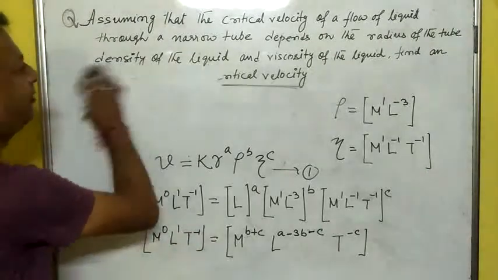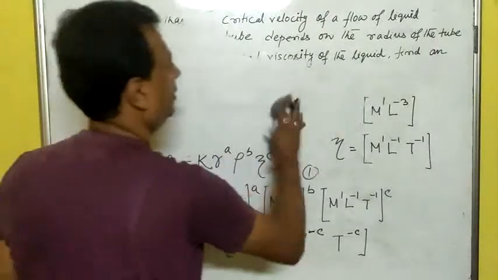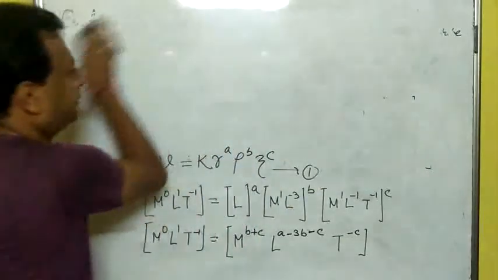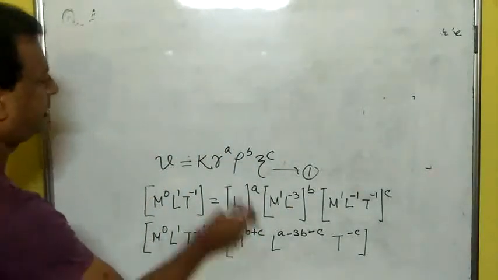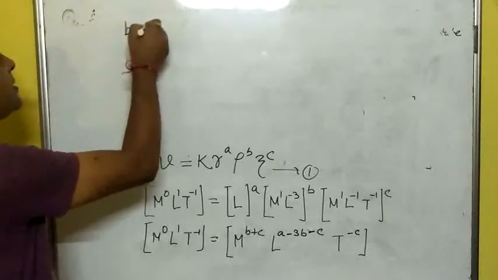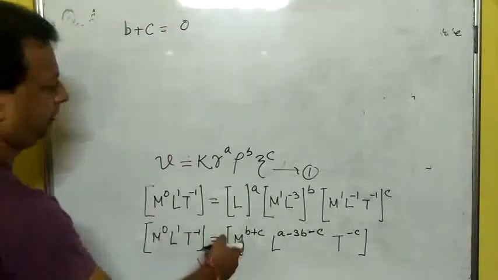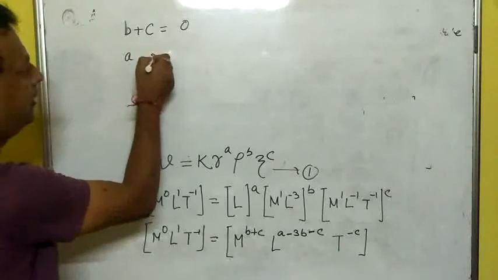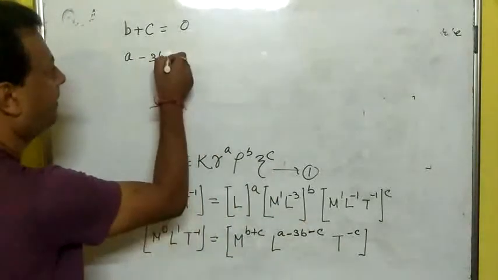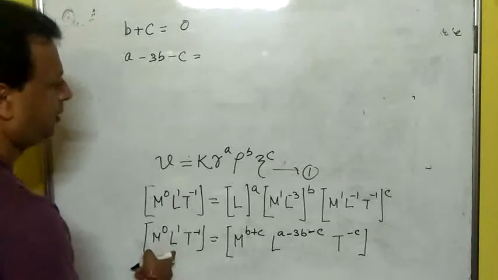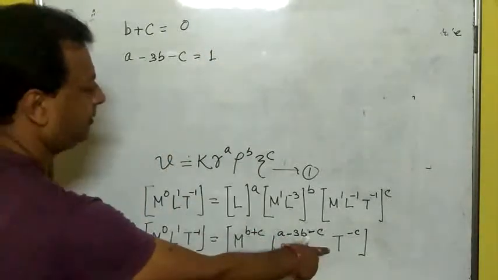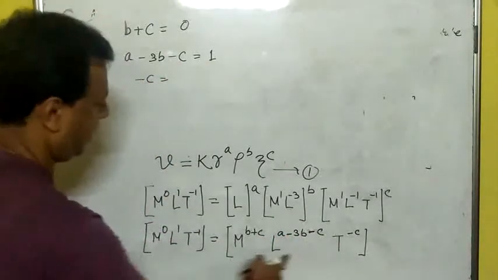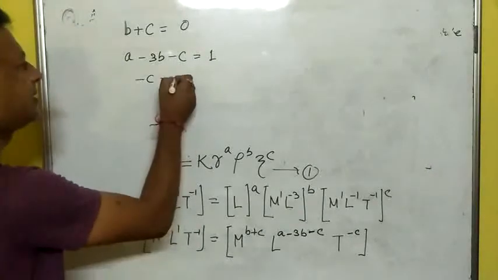Now let us find out the values of a, b, and c. We have b plus c is equal to 0. Then a minus 3b minus c is equal to 1. And lastly we have T to the power of minus c and T to the power of minus 1, so minus c is minus 1.